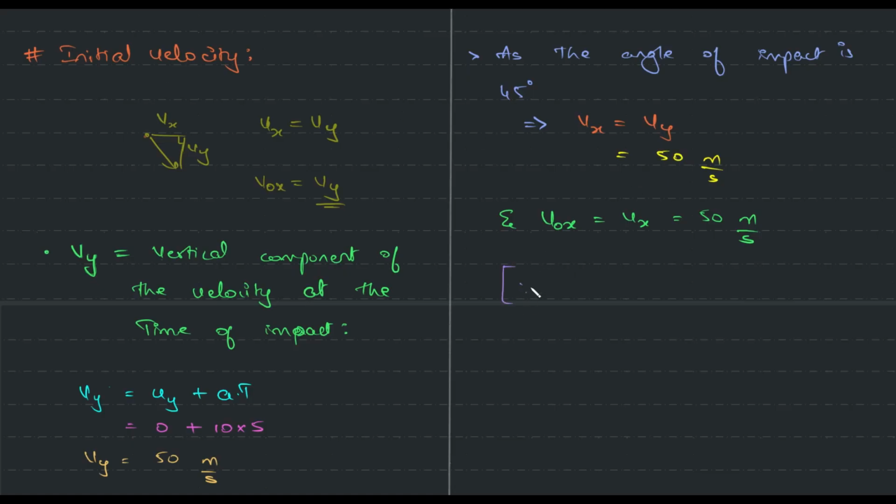The reason: the horizontal component of a projectile motion does not accelerate, and since it does not accelerate, the velocity remains the same.